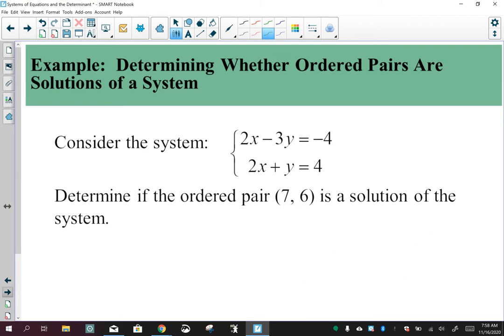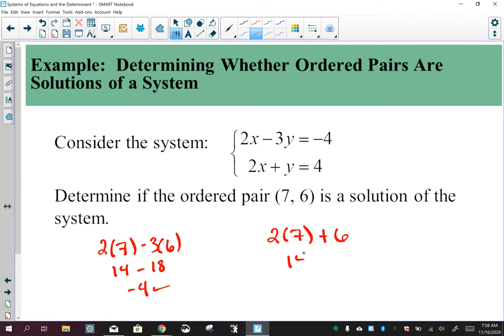Let's try it again. Same thing, but this is going to look a little different. Again, you're going to plug the answers in. So we get 2 times 7 minus 3 times 6. 2 times 7 is 14, minus 3 times 6 is 18. That gives me -4. That one works. Then we have 2 times 7 plus 6. 2 times 7 is 14, plus 6, that's 20.